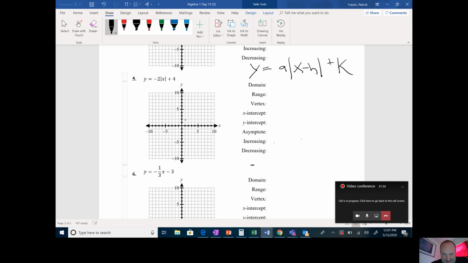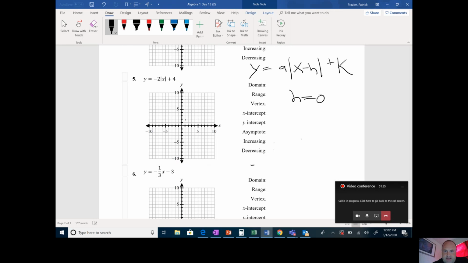In this case, there's nothing inside the absolute value bars that we're subtracting or adding, so h equals 0, which means we're not going to move left or right along the x-axis. We're just going to stay where x equals 0.